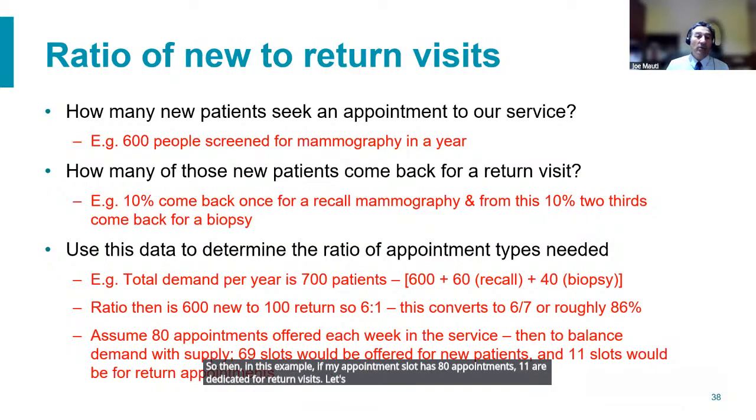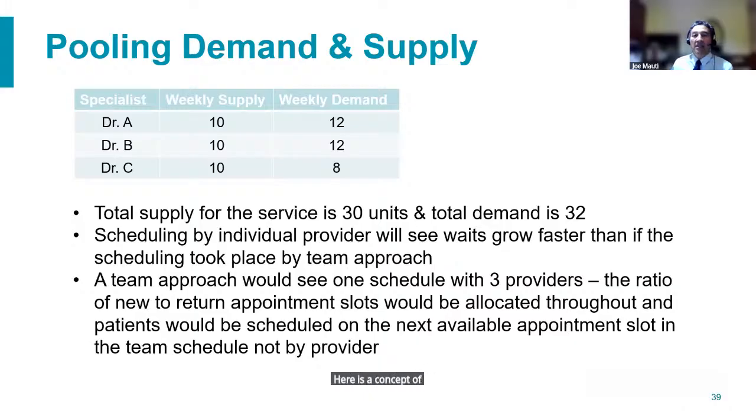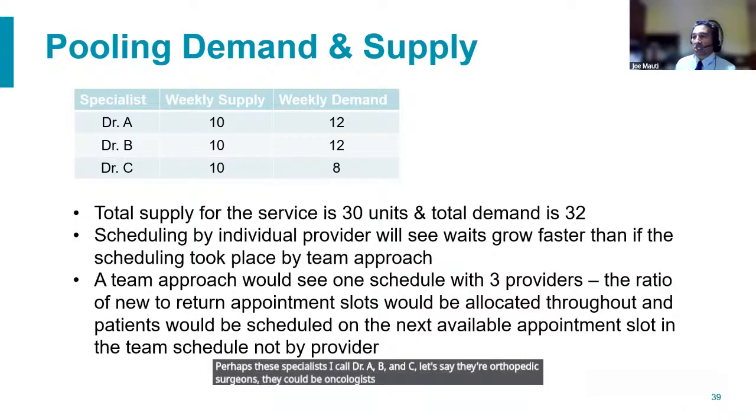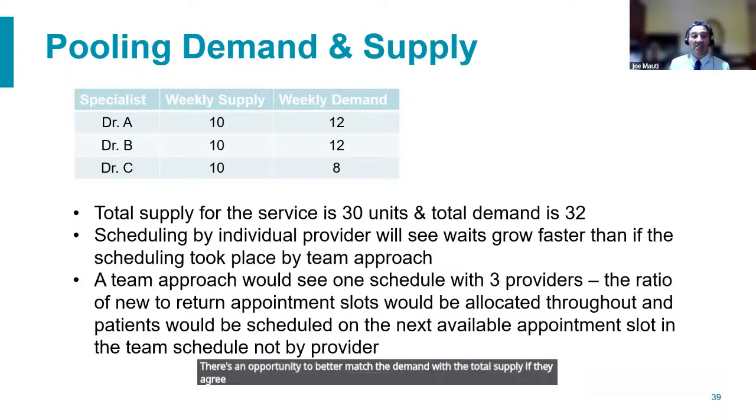Let's look at what we could use this information for. Here is a concept of pooling demand and pooling supply. Perhaps these specialists, I call Dr. A, B, and C, let's say they're orthopedic surgeons, they could be oncologists, they could be obstetricians, or they could be different diabetic clinics. Now, perhaps they schedule individually. There's an opportunity to better match the demand with the total supply if they agree to work as a team.